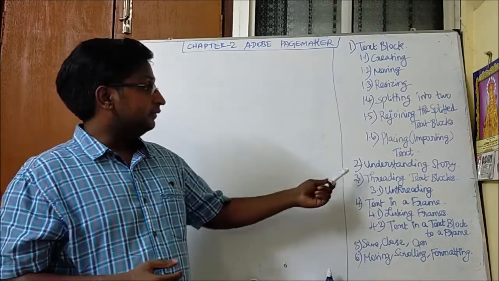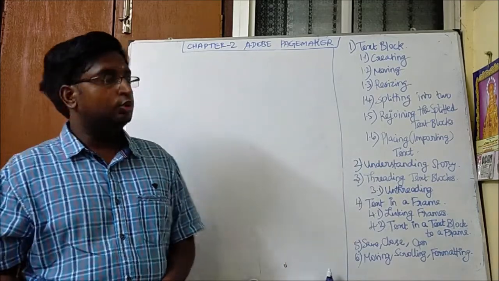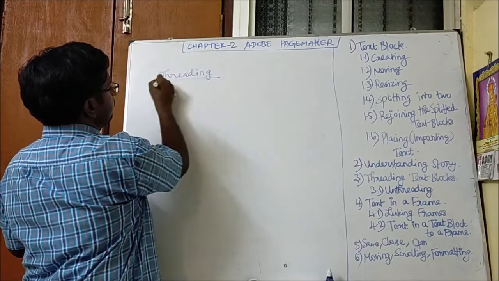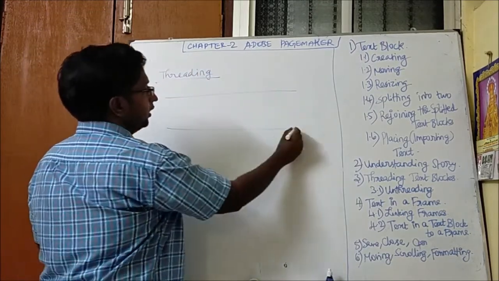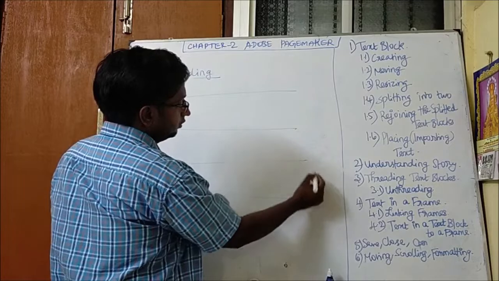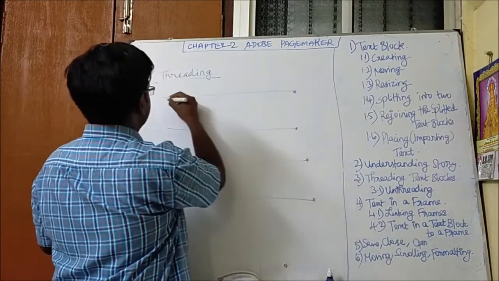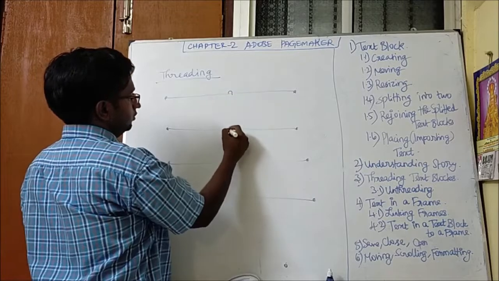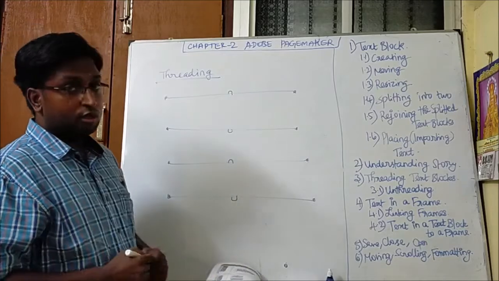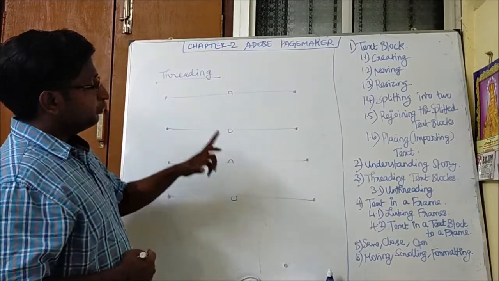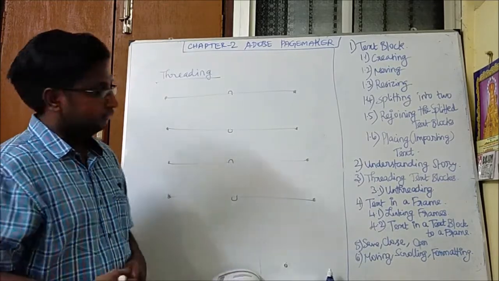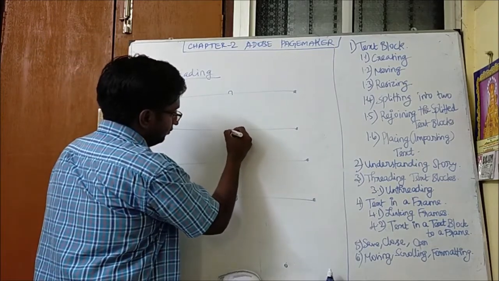So the next one is threading the text block. Threading is nothing but connecting the text blocks. So these are the two text blocks we have. If the text blocks are connected, you will have a plus symbol.